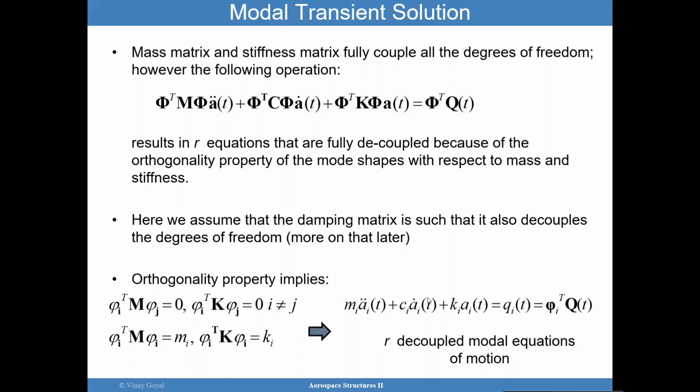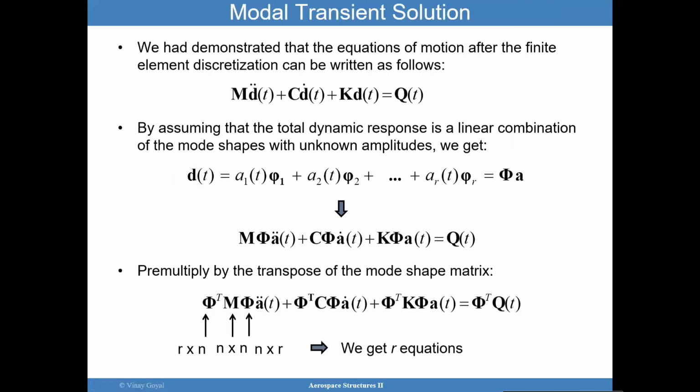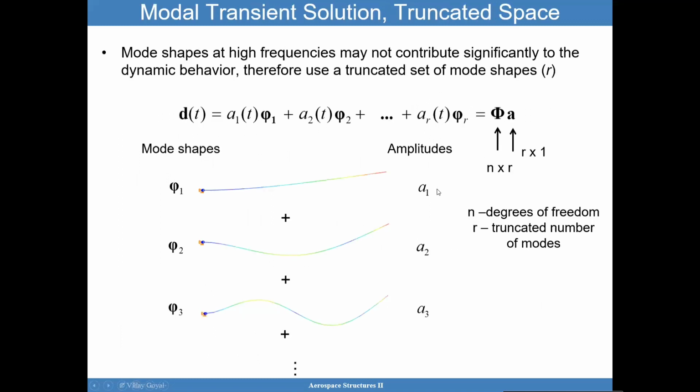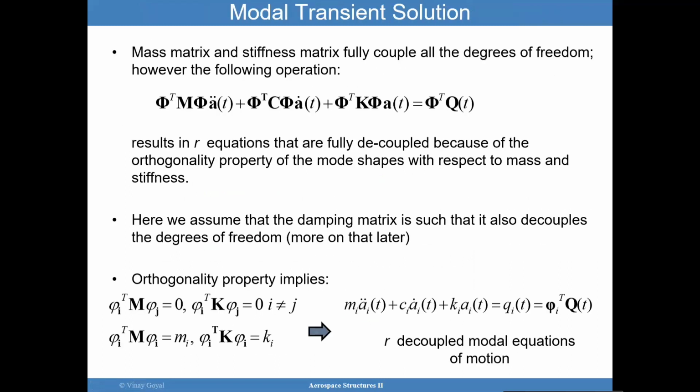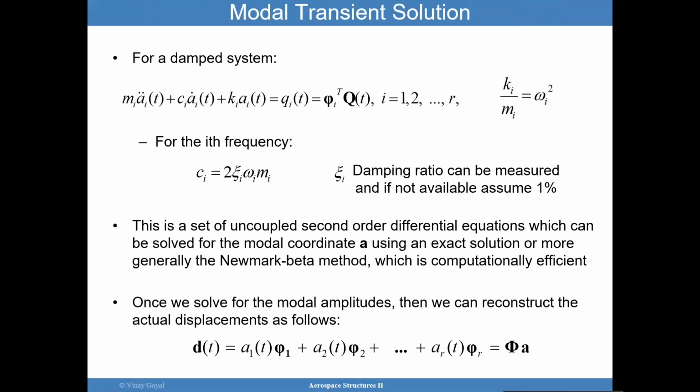And I can now solve for these amplitudes. If I know the amplitudes and I know the mode shapes, then I know how D, which is the deflection of the whole rocket, varies over time. That's what I call a mathematical miracle. One of the most exciting things in dynamics is exactly what I just covered.